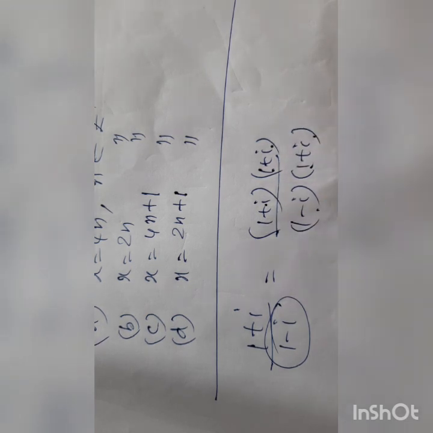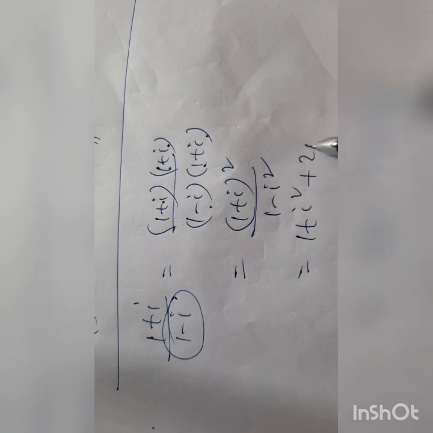What is this? 1 plus i whole square over 1 minus i square, which is 1 plus i square plus 2i over 1 minus i square.